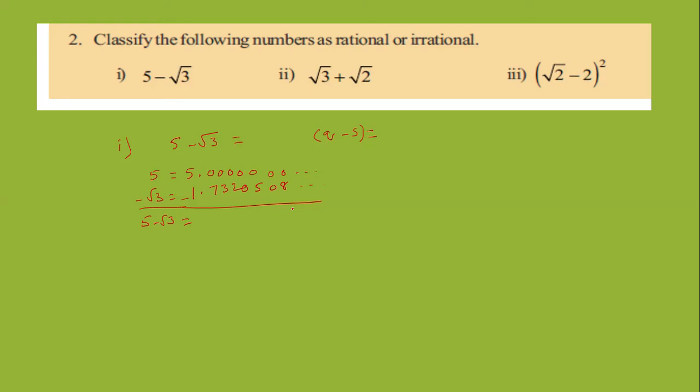What do you get? You get so many decimal numbers, but they are non-terminating and non-recurring, because root 3 is a non-terminating, non-recurring decimal. Hence it is an irrational number.